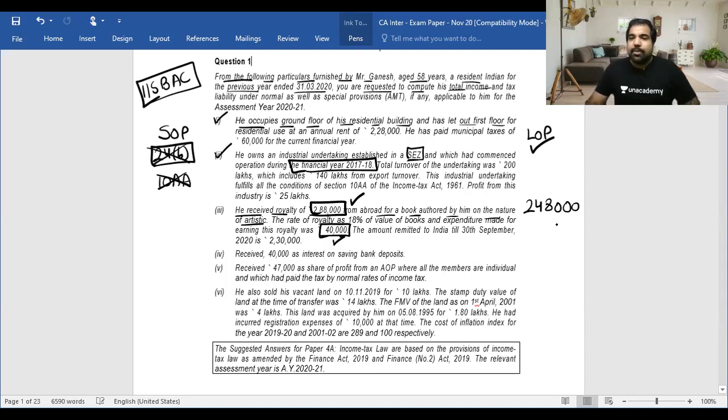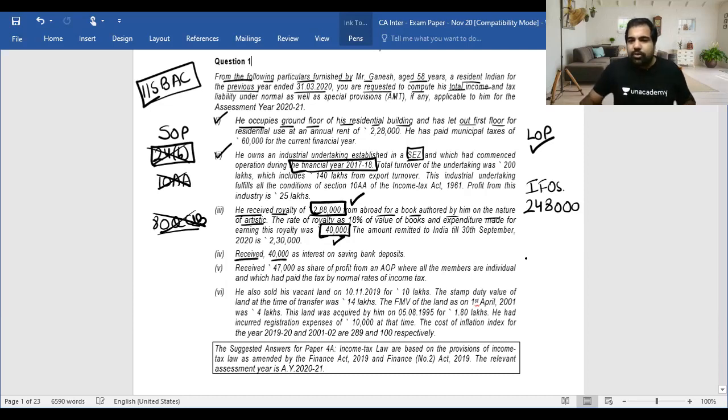So 40,000 is the expense. So 2,48,000 will be in your IFOS income. But in relation to royalty, you get 80QQB. If you remember, maximum 3 lakh. But unfortunately, if you opt for 115BAC, you get no deductions except 80CCD2 and 80JJA.